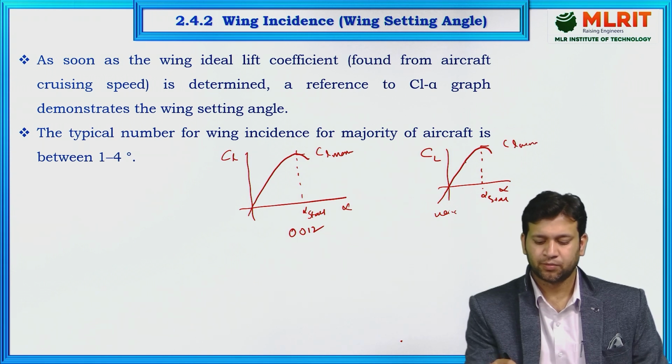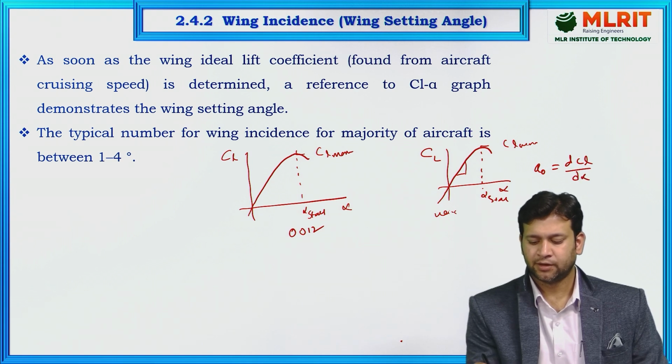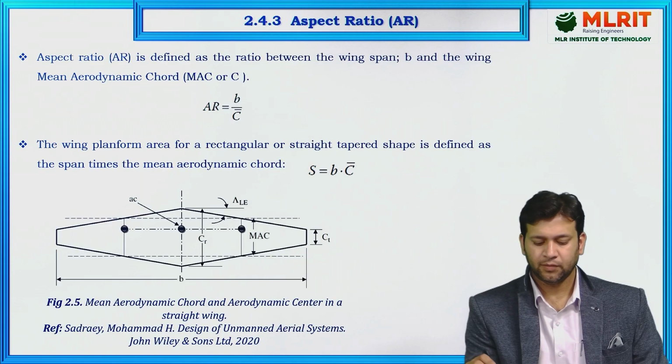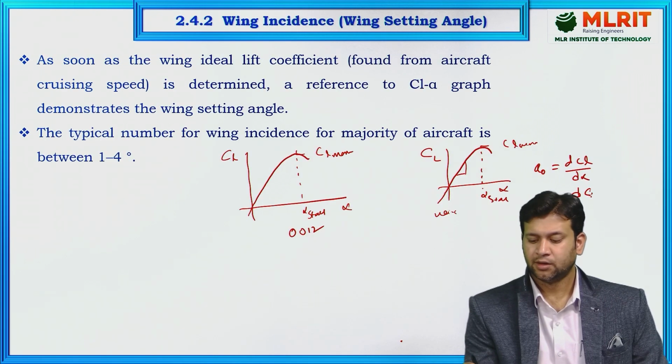This is the slope, which is A0, which is dCl by d alpha, and for the wing it will be dCL by d alpha.